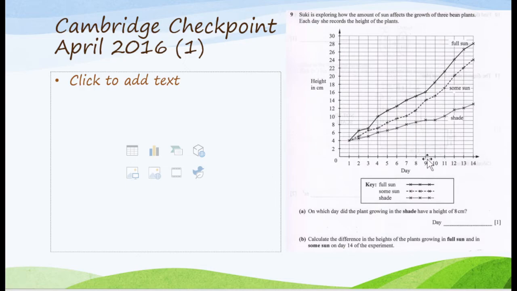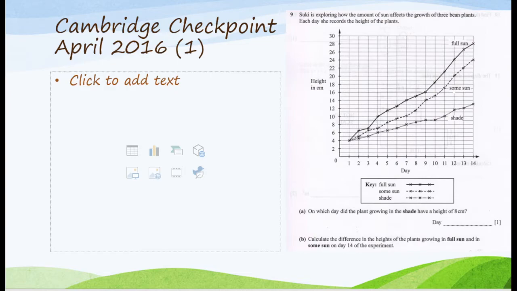I will choose 9, this one. So it will be like 9 centimeters. Something like that. How to read it? For example, this one, day 14 for the full sun, the height is like 28 centimeters. That's how to read it.